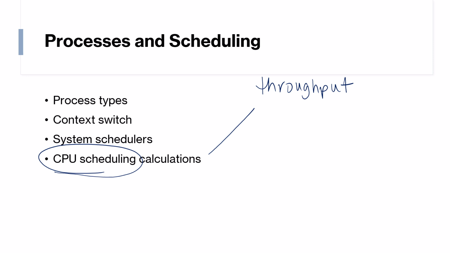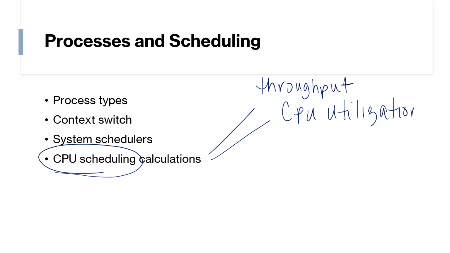You have to take a snapshot of an amount of time and say, in this amount of time we've had this much work done, and that's how you would measure throughput and compare it between different CPU scheduling algorithms. The next calculation is CPU utilization.